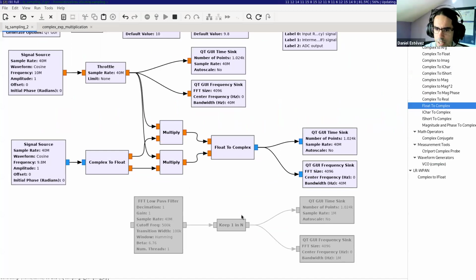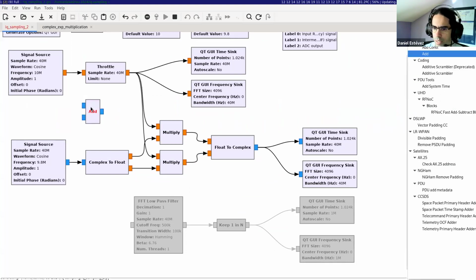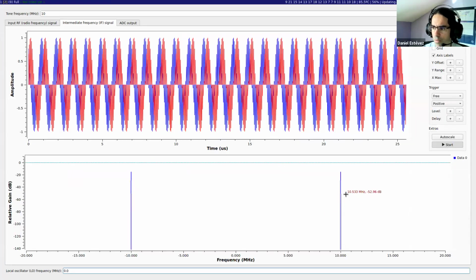As an exercise, you can put together here multiple cosines. You can add them with the add block and see what happens to really convince yourselves that the best thing to do to avoid getting confused is to move this signal at a positive frequency close to 0 rather than this at a negative frequency.